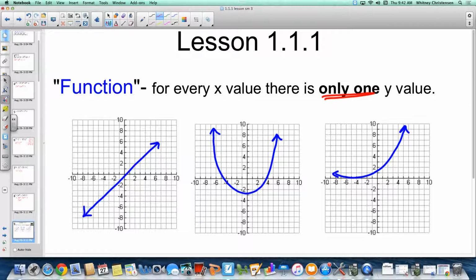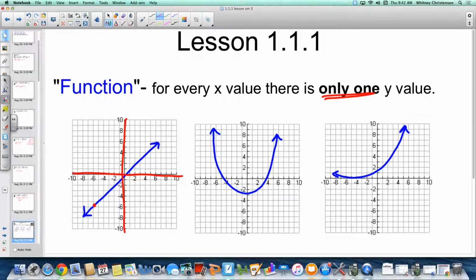So remember, looking at a graph, these are x values right here on this line, and then these are y values. What that means is that at any point on a graph, every x only has one y value. It's not going to have two y values for one x. You'll see what I mean in a second with some examples.